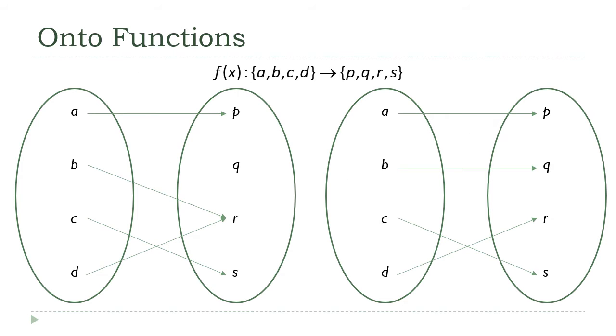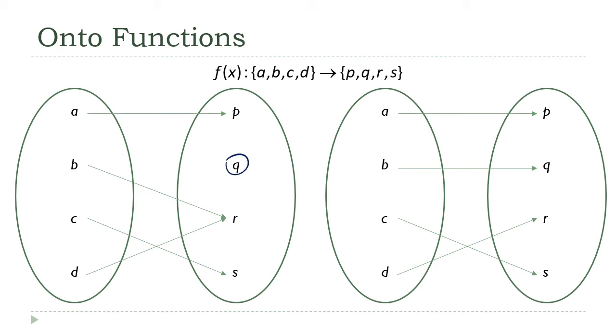I have these two functions again here. We've been using these throughout this section. And I want to talk about, are these onto or not? Well, remember, for something to be onto, I'm focusing on the codomain, and I'm saying, does every element in that set get matched up with something on the domain side? On this first one here, that is not the case.